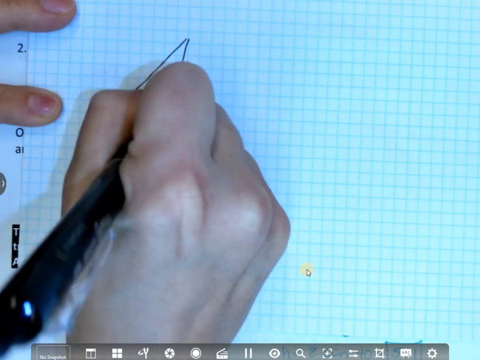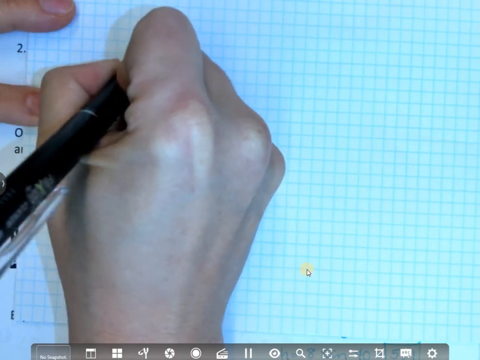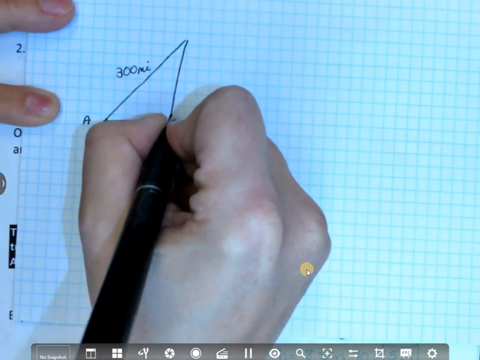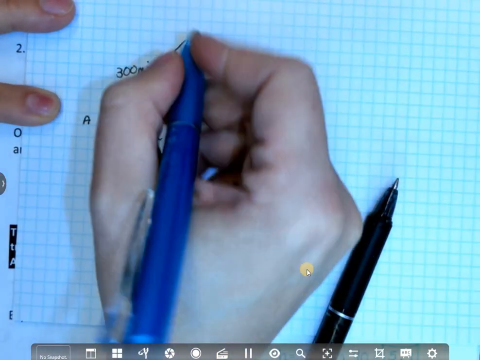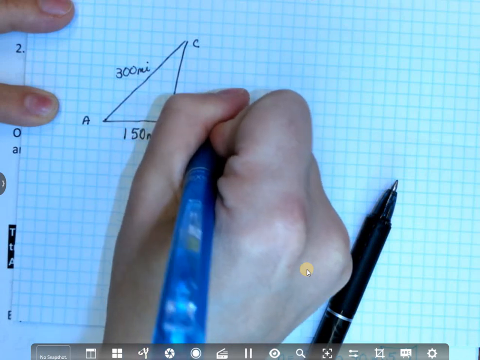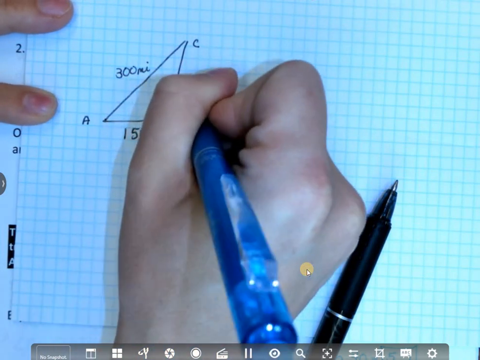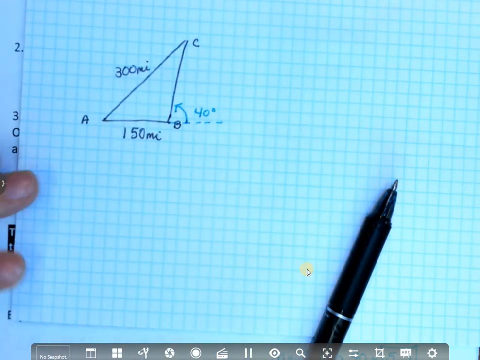I have 150 miles. I have 300 miles. I have A, B, C. And they give me, if I were to extend this guy out here, that angle there is going to be 40 degrees. Okay.